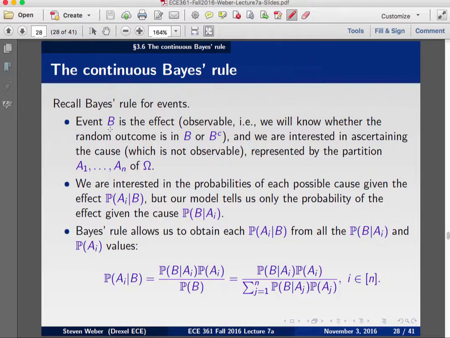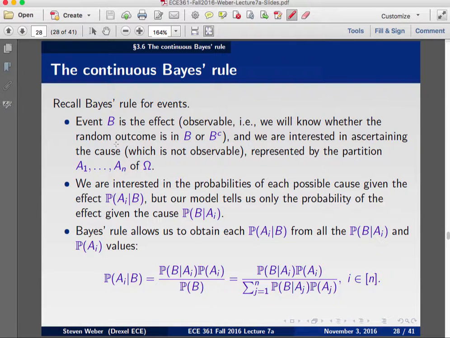So we think of event B as the effect, and this is what is observable. We will know whether the random outcome is in B or B complement. And we're interested in ascertaining the cause, which is not directly observable, represented by the partition A_1 through A_n.